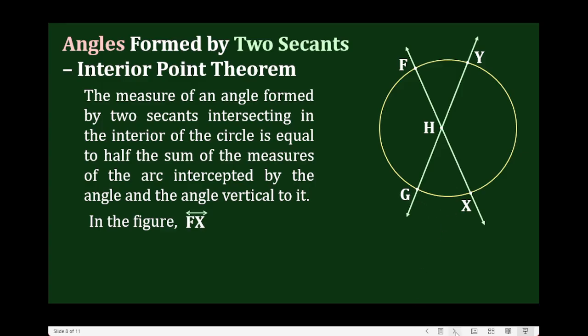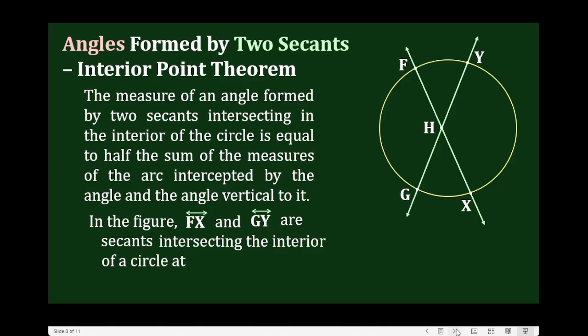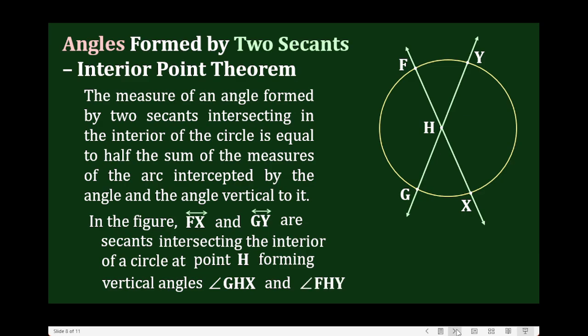These are arc FY and arc GX. Again, line FX and line GY are the 2 secants intersecting in the interior of the circle at point H, forming vertical angles. And these are angle GHX and angle FHY.